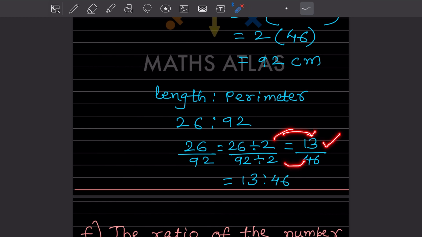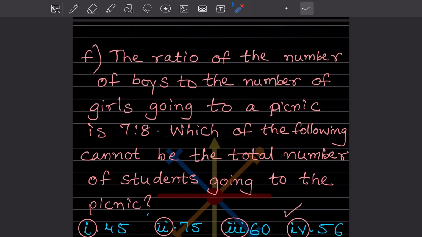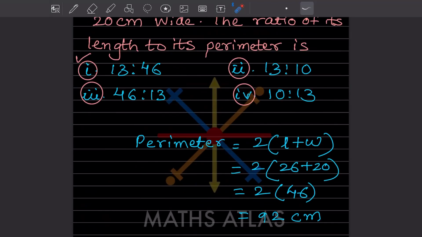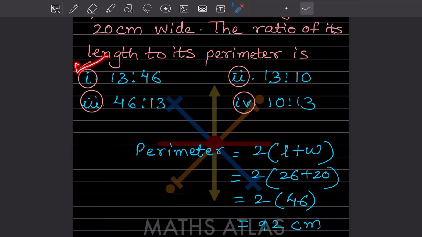Now this 13 is a prime number, this 46 we cannot do anything. If it was any multiple of 13, then it could have been simplified, but 46 is not a multiple of 13. So you get the ratio as 13 is to 46. Next one, so you have to tick over here, 13 is to 46.